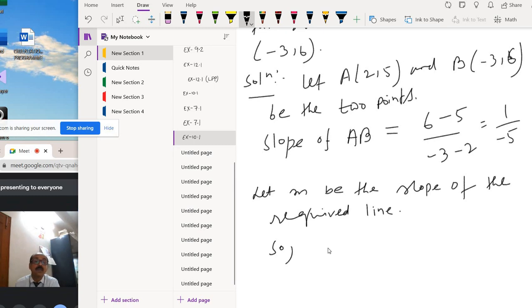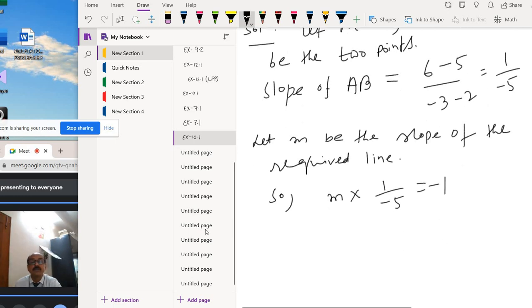So m into minus 1 by 5 equals minus 1, the perpendicular condition. So m equals 5. Now find the equation of the required line whose slope is 5 and one point given is (minus 3, 5).